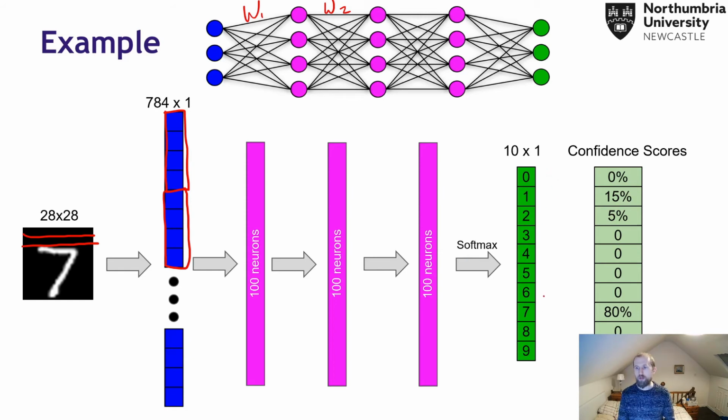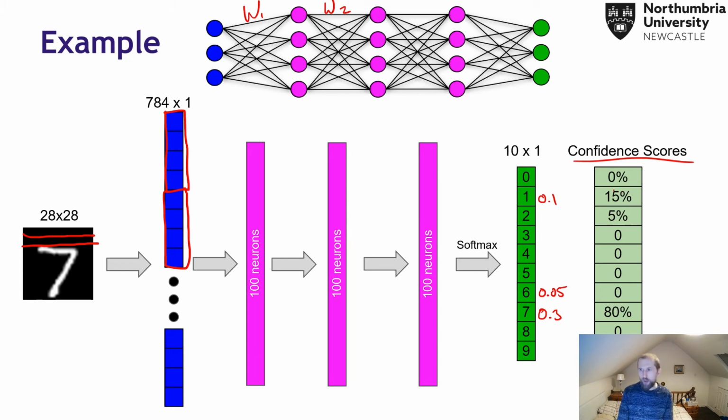What we don't want is for this to be 0.3, and then this is 0.05 and this one's 0.1, etc. What we want is for these to be very, very polarized, so that we have one number that's very big and lots of numbers that are very, very close to 0. And the softmax is going to do that for you. I'm going to explain this in more detail in lecture 5.